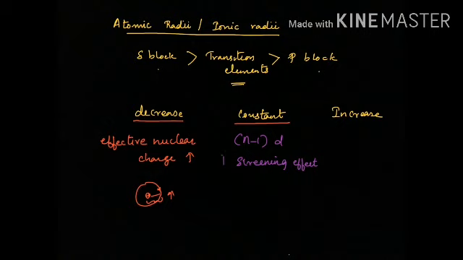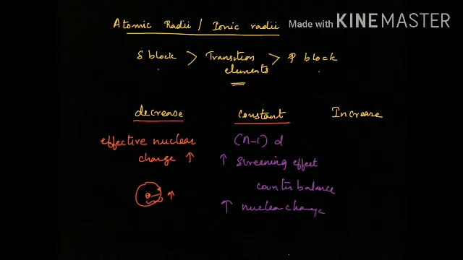This increase in the screening effect counterbalances the increase in the effective nuclear charge. So even if the nuclear charge is increasing, the screening effect increases too, and these two effects nullify each other. So in the middle of that particular series, the atomic radii are almost constant.